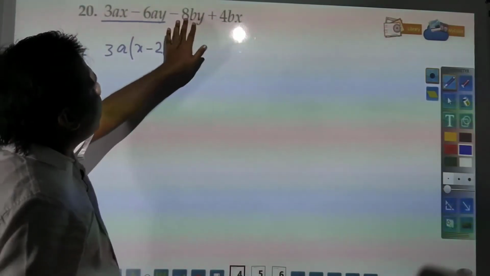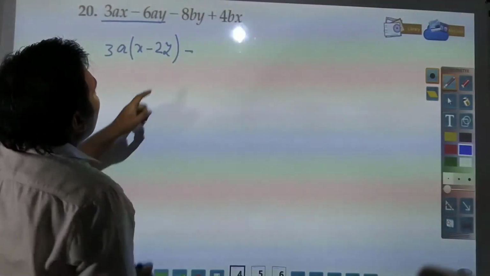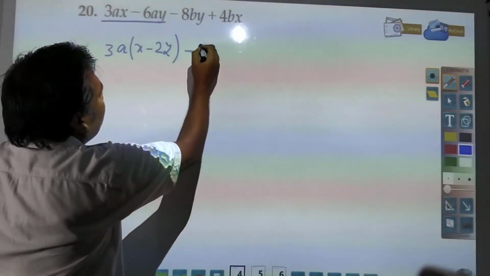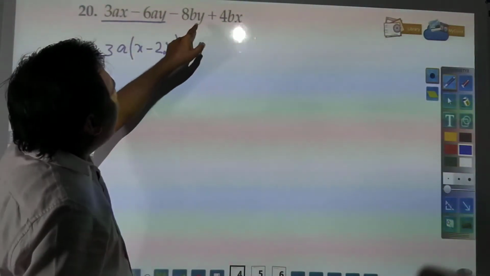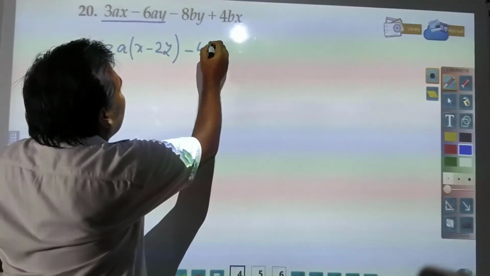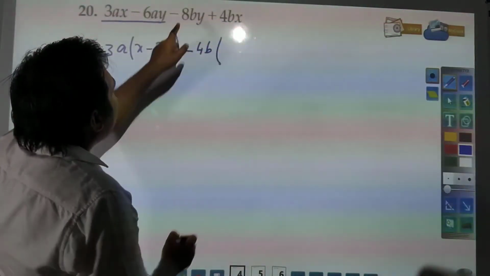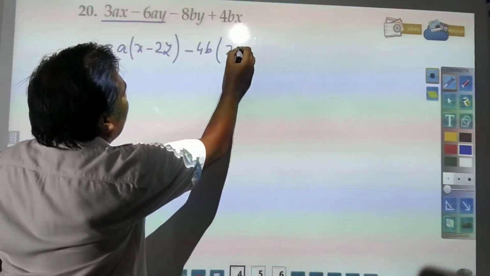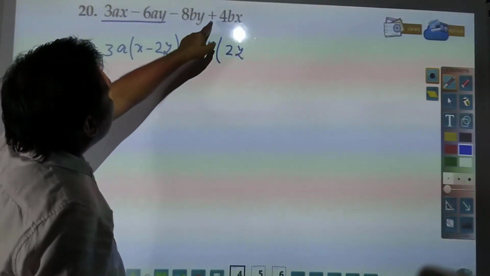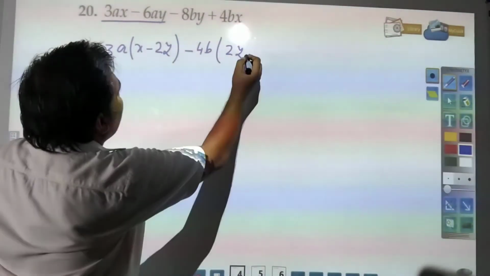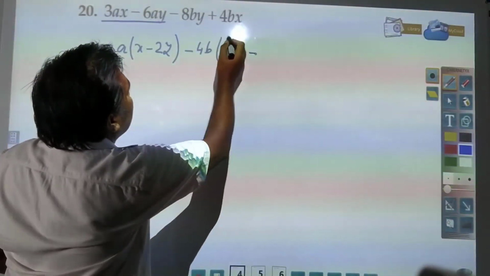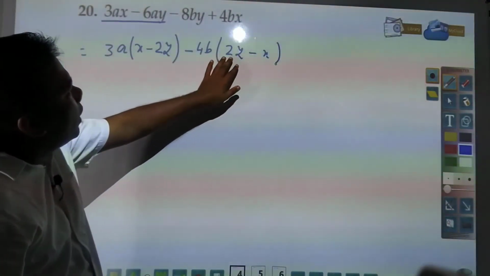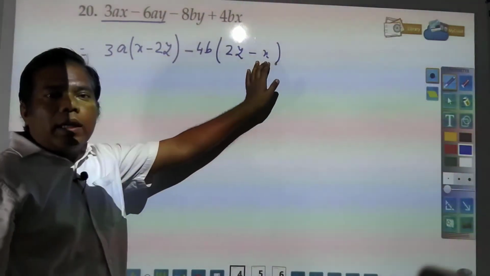Here we will take minus common, so suppose 4 common, what we have is 4b, so you will be left with plus 4 and 8 divided by 4 is 2y, and here you will be having minus x. So now you see you have x minus 2y, here you have 2y minus x.